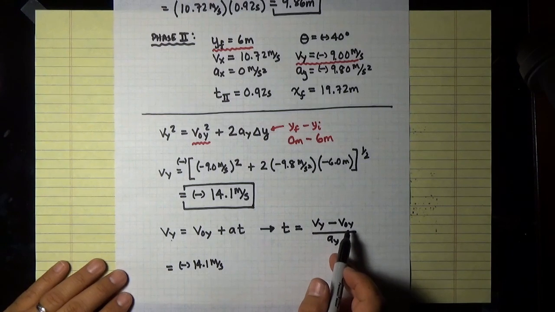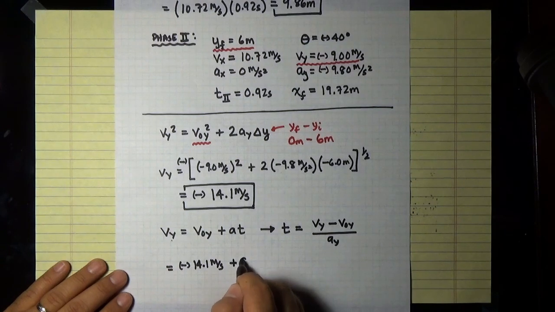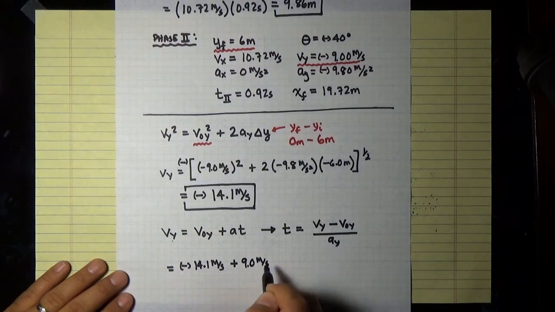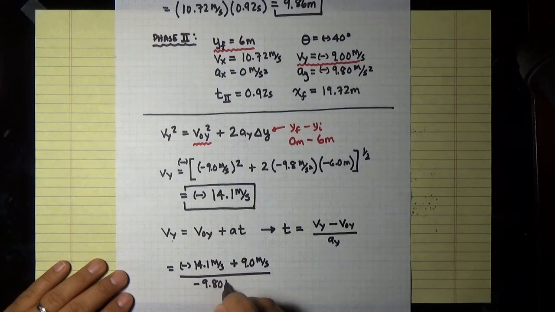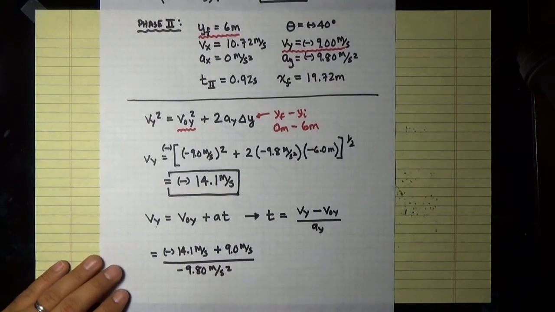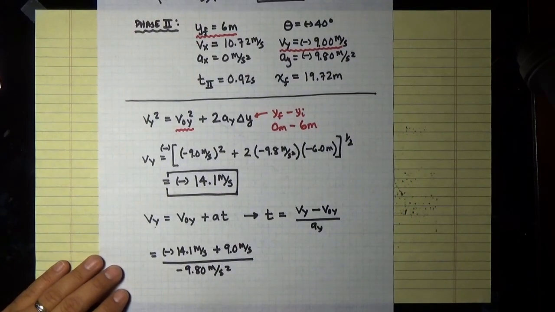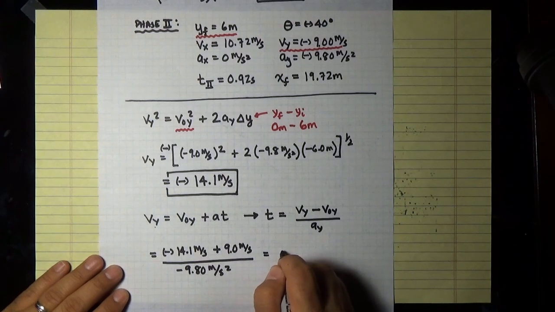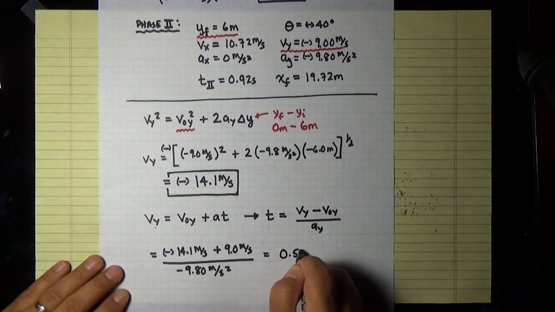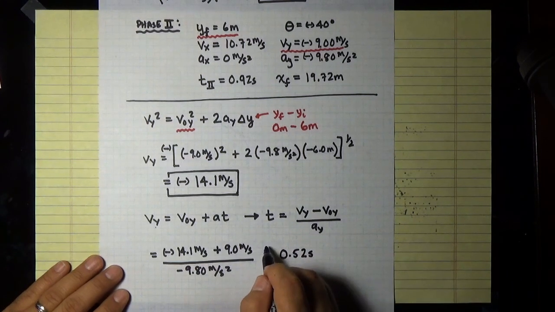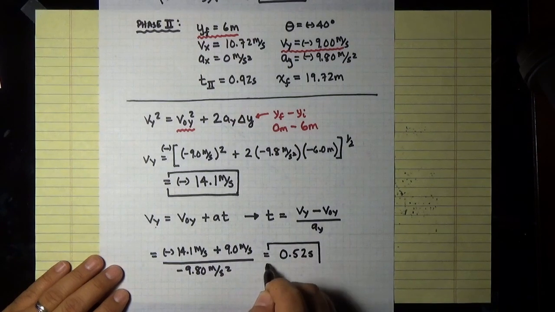My V naught y is minus 9 meters per second, so minus that is plus 9.0 meters per second, all divided by the acceleration in the y direction, which is minus 9.80 meters per second squared. I find that the time for just that last little bit of the problem is 0.52 seconds.